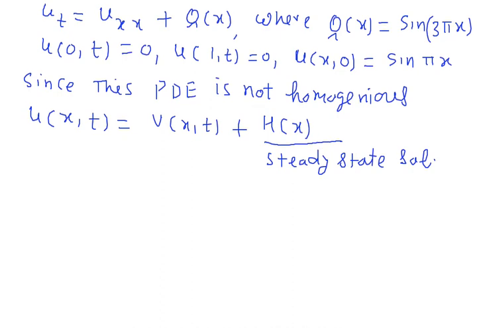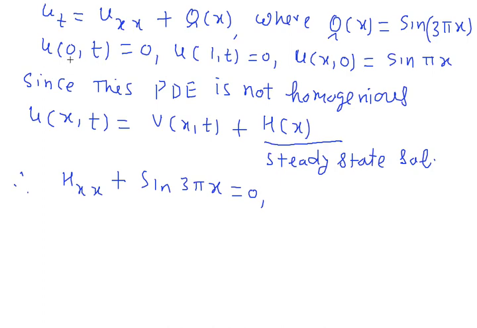So firstly you have to solve this partial differential equation for h(x). The time independent means u is not a function of t, so the u_t part will be 0. That means h is given by h''(x) + q(x), which is sin 3πx, equal to 0.